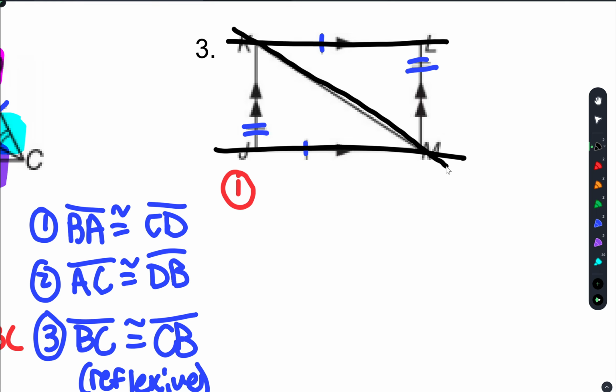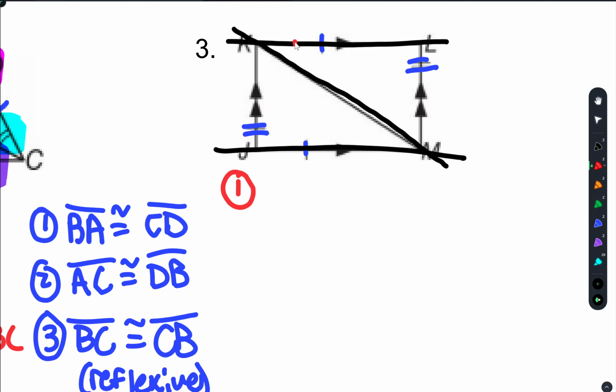What angles do we get from here? Any ideas? Maybe they're hard to see. Do we see the alternate interior angles that are forming here?